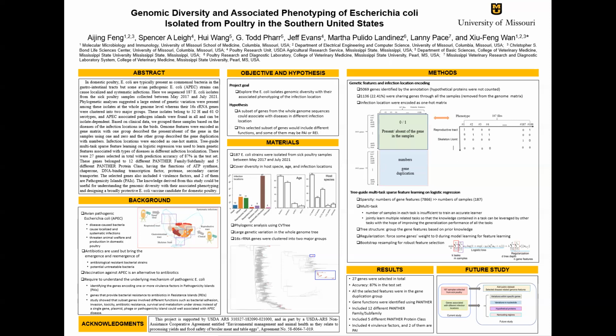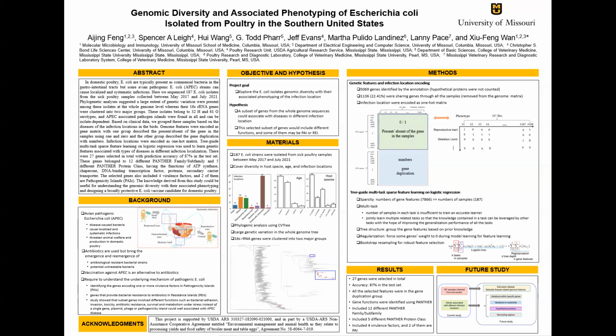We hypothesized that a subset of genes from the whole genomic sequence associate with disease in different infection locations, and the selected subset of genes would include different functions, and some of them may be PAI and IEI.